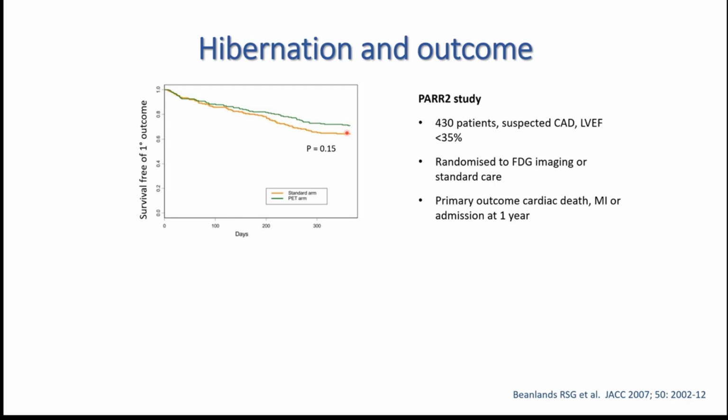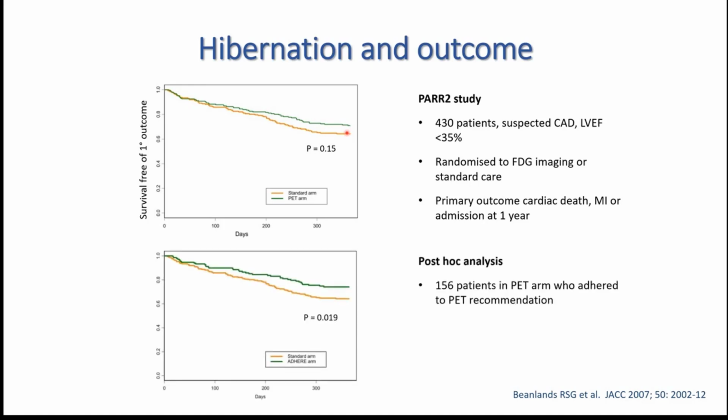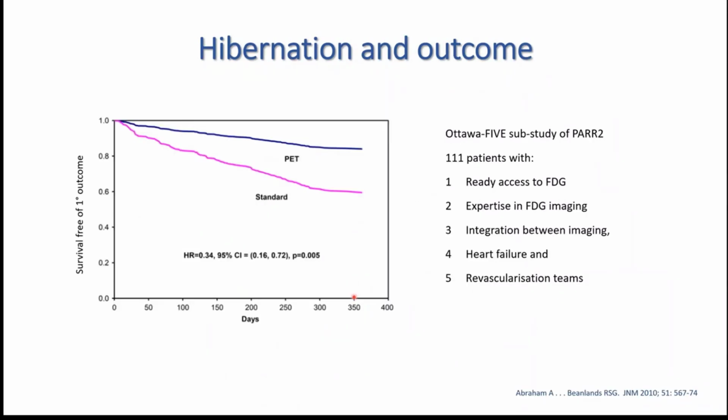But in deeper analysis, it turned out that the patients were not necessarily managed in accordance with the findings of the PET scans. So when the subset of patients who were managed according to the findings of the PET scan were looked at, there was, admittedly, in a retrospective analysis, a significant difference.